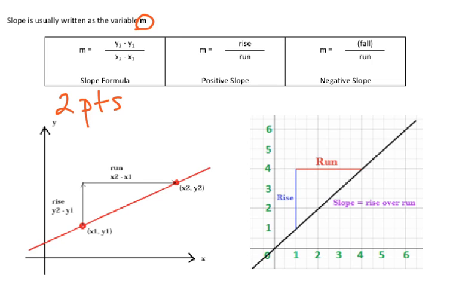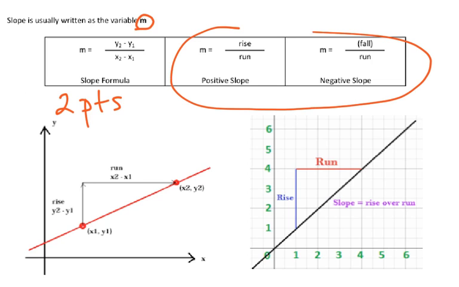You're going to use these two if you've been given a graph. Notice the difference. If you have a positive slope, that means you're going to go up, so you're going to rise. If you have a negative slope, you're going to go down or fall. Other than that, they're the exact same formula. So positive is rising and negative is dropping or falling.